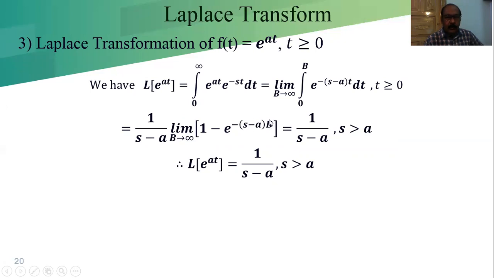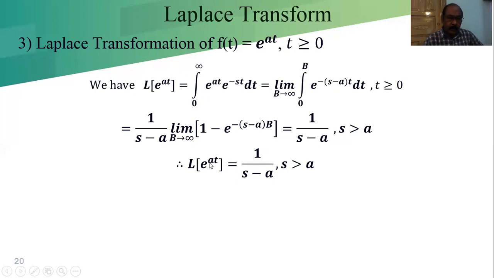When b tends to infinity, this is equal to 0. So from that we will get 1 into 1 by s minus a. So we get 1 by s minus a, s is greater than a. So Laplace transformation of e to the power at equal to 1 by s minus a.